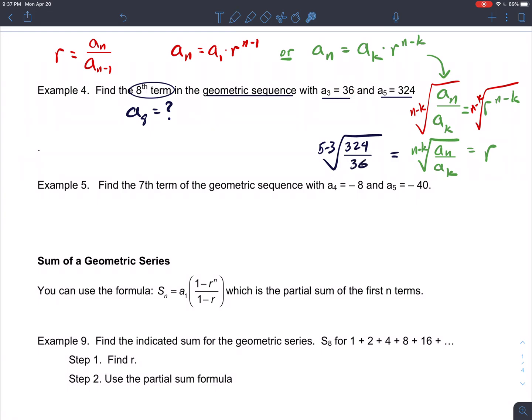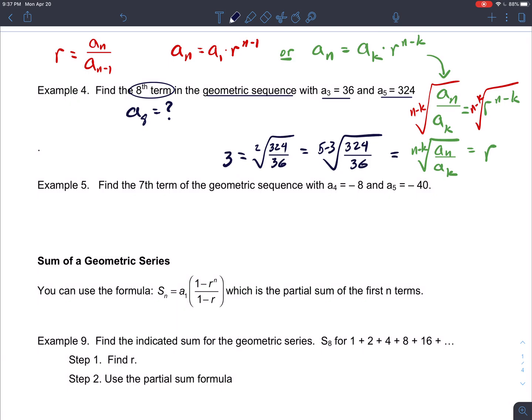I'm just plugging directly into this formula that I very casually solved for r. That translates into the square root, because 5 minus 3 is 2, of 324 over 36. And so I get an r value of 3. If you do the math there, r is 3.